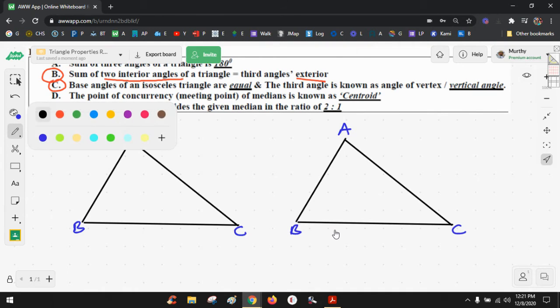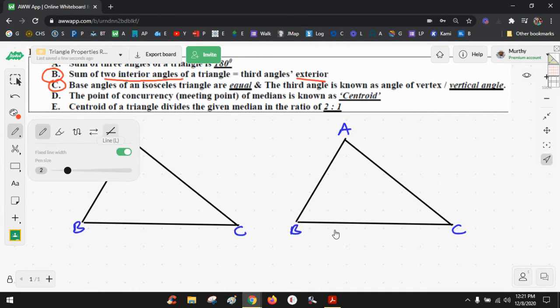You know what a median is? A line segment drawn from one of the three vertices. What are vertices? This point, I call this a vertex. So point B is another vertex and point C is another vertex. The plural form of vertex is vertices.